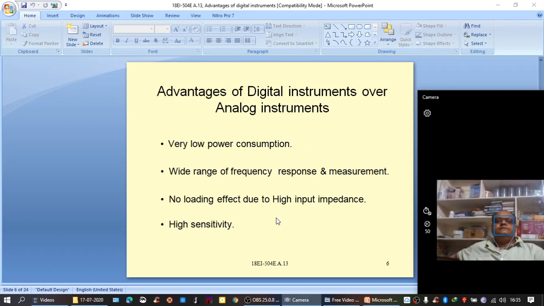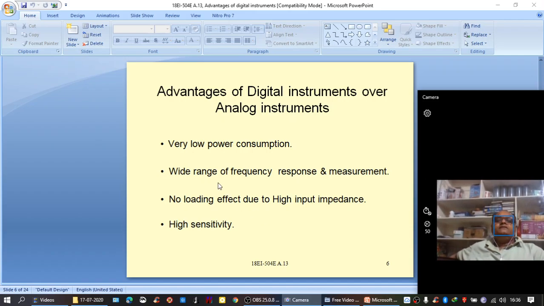And power consumption is very low. Power consumed by a digital instrument for its operation, that is, for it to perform measuring operation, is very low. It consumes very low power.